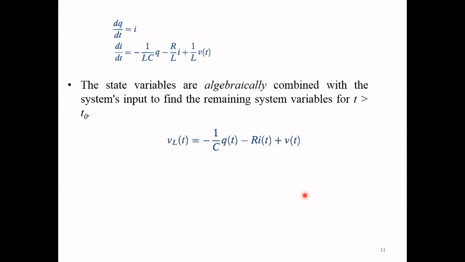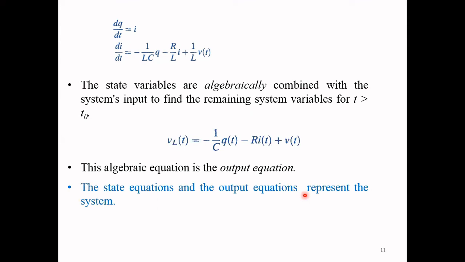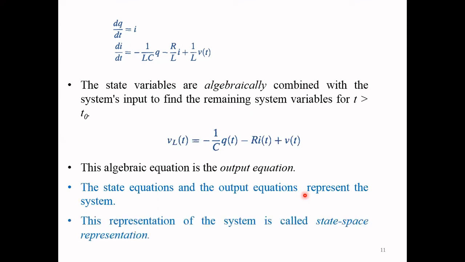The state variables are algebraically combined with the system's input to find the remaining system variables. This algebraic equation is the output equation. The state equation and the output equation represent the system, and this representation is the state space representation of the system.